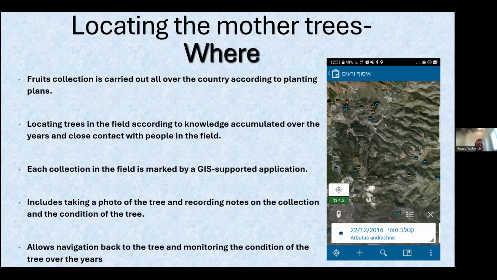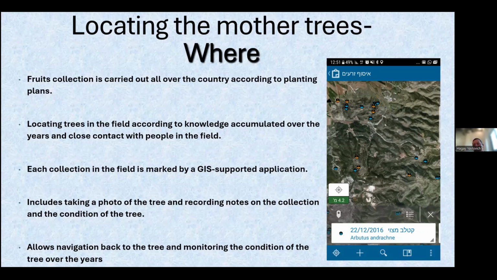So actually, the collection is carried out, as I said before, all over the country. And how we find the tree is according to the knowledge that we have for many years. But you know, trees are dying, and we find new trees from time to time.